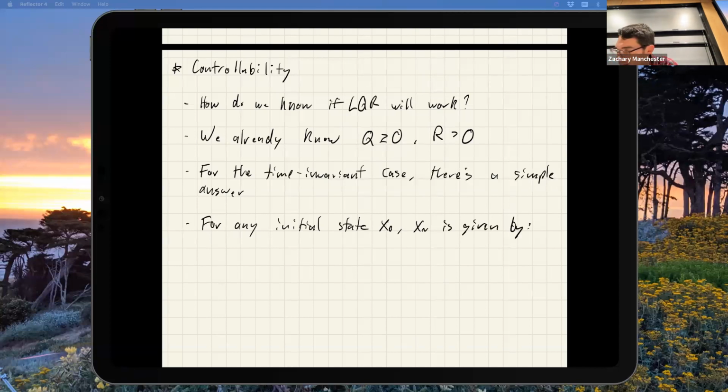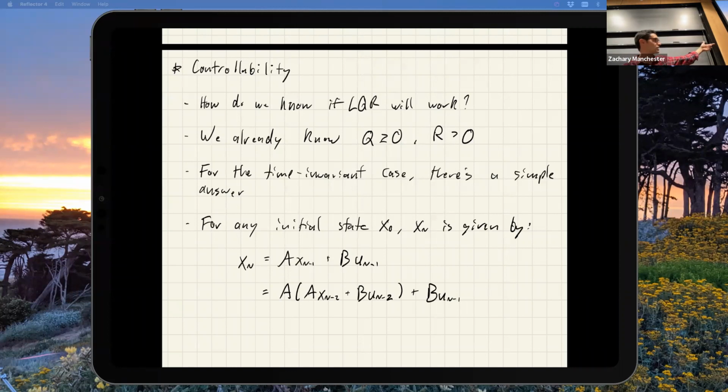What that would look like is xn equals A x n minus 1 plus B u n minus 1. And then if I go back one more time step, I can compose those. So that would be A times A x n minus 2 plus B u n minus 2, plus B u n minus 1, right?